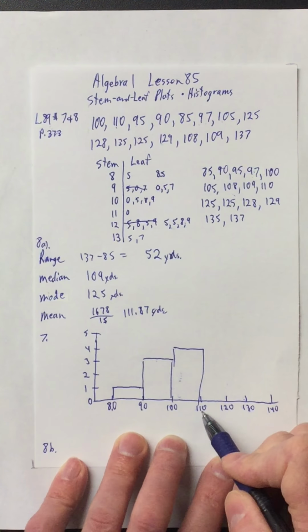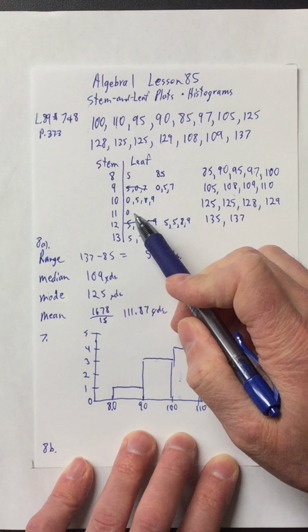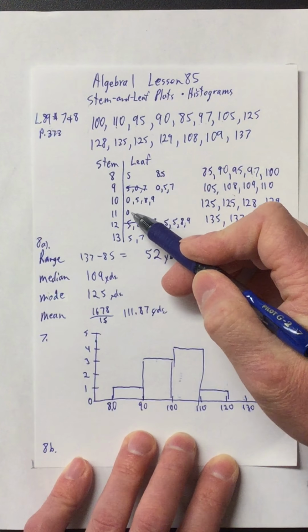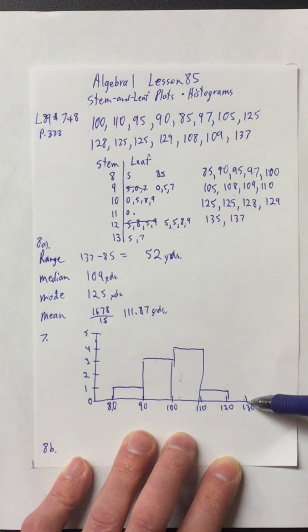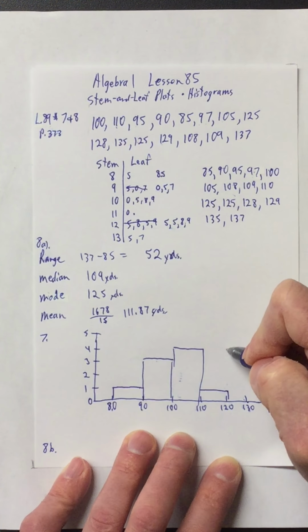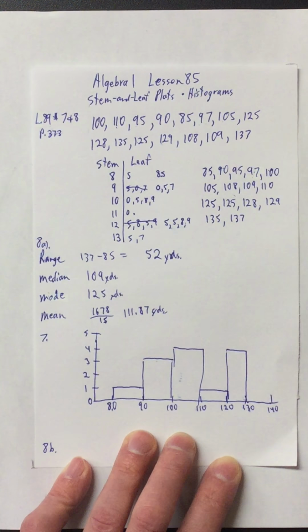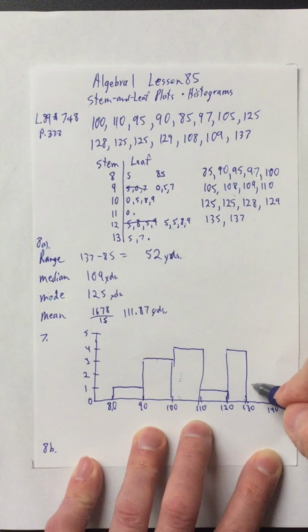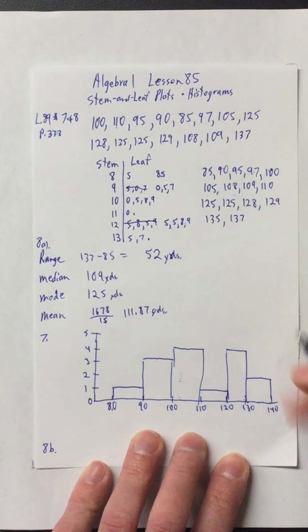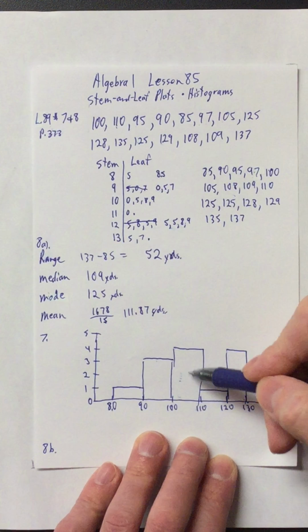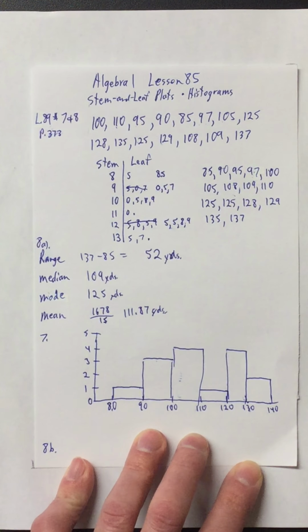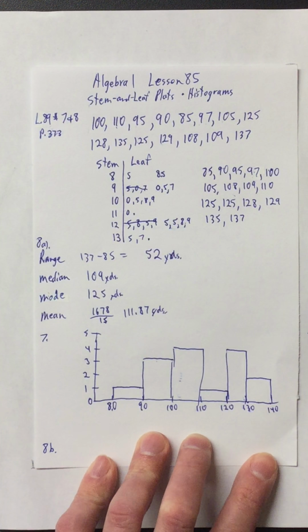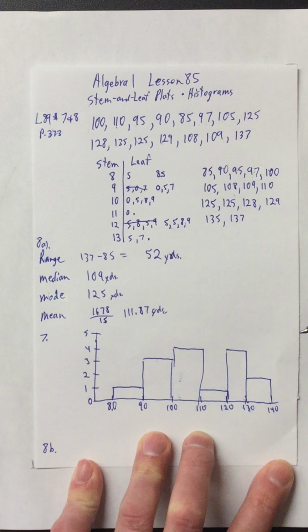There we go. Between 110 and 120 is only 1. Between 120 and 130, once again I have 4, so back up this high like that. And then in my last group here, 130 to 140, I have 2. So there. This is just simply a bar graph that's showing how many numbers are in each category, and it's called a histogram or a frequency diagram, frequency distribution.